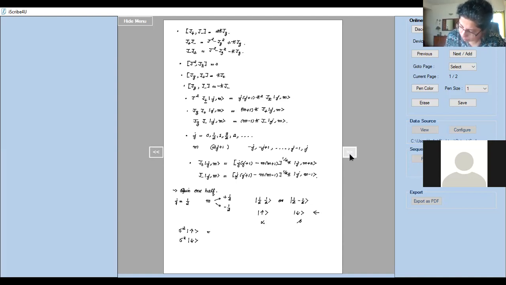Both of them would be equal to half into half plus 1, so it will be 3 by 4 h cross square. And of course, since it's an eigenfunction, you will get the same thing.